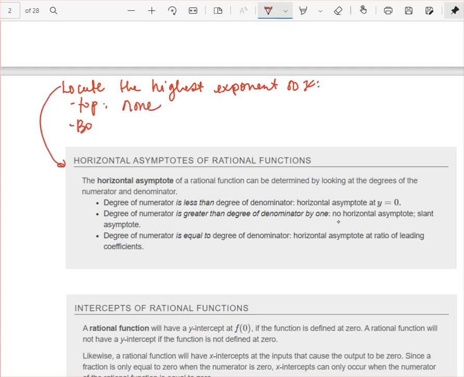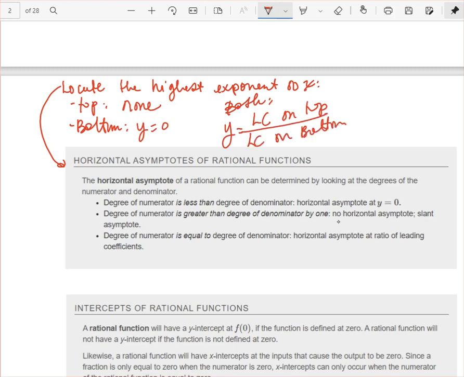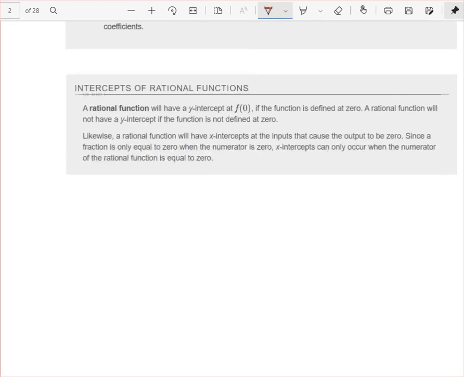If it's on the bottom, the horizontal asymptote is y equals 0. If they both have it, it will be the leading coefficient on top divided by the leading coefficient on the bottom. I'll show you as we work through some examples.